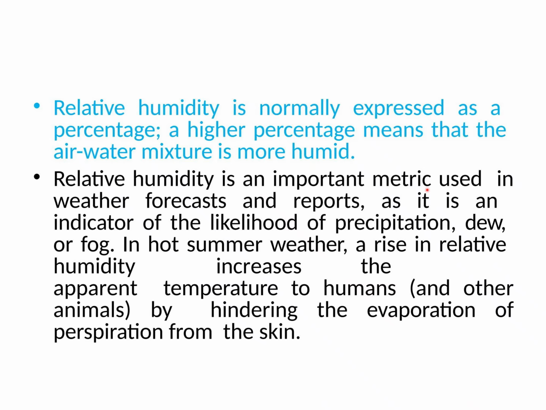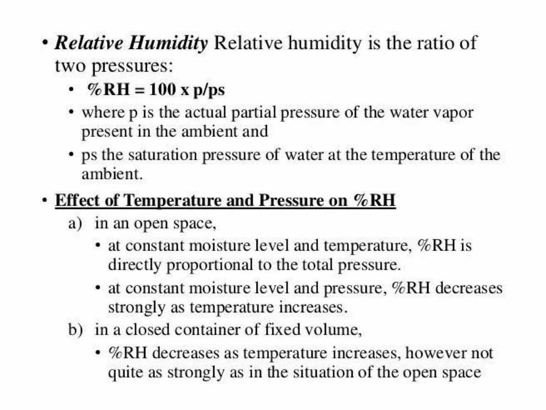It is an important metric used in weather forecasts and reports, as it is an indicator of the likelihood of precipitation, dew, or fog. In hot summer weather, a rise in relative humidity increases the apparent temperature to humans by hindering the evaporation of perspiration from the skin.